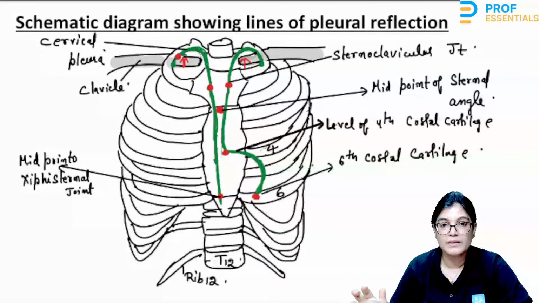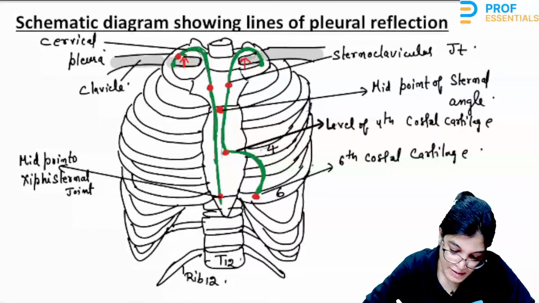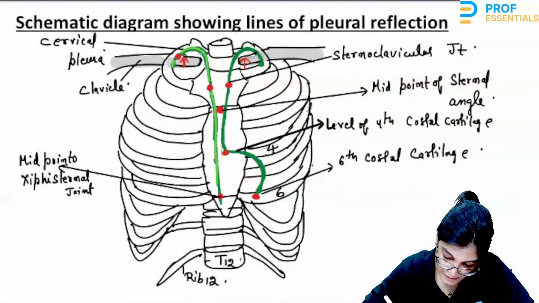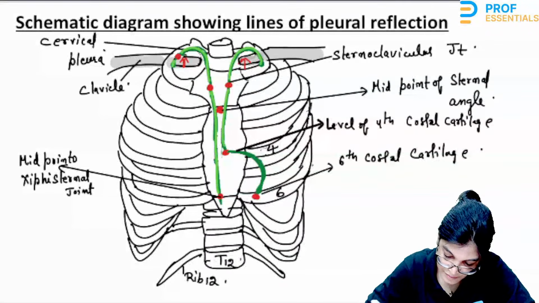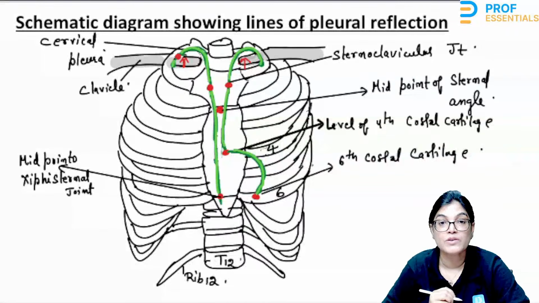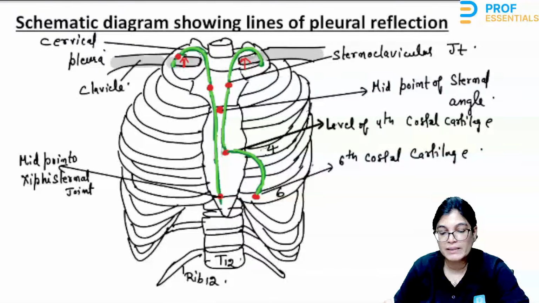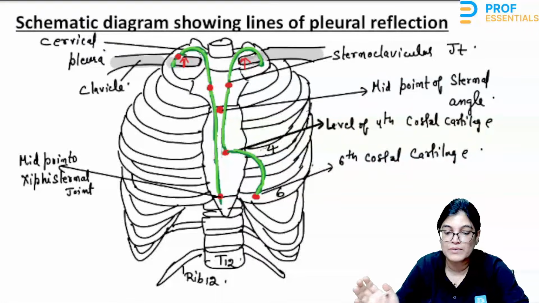Okay, so after this, if you want, we can take a brighter green color. Is it okay? Yeah. Now on the right side, it will be traversing the 8th rib at the mid clavicular line, then it will come to the 10th, and then it will traverse to the 12th.